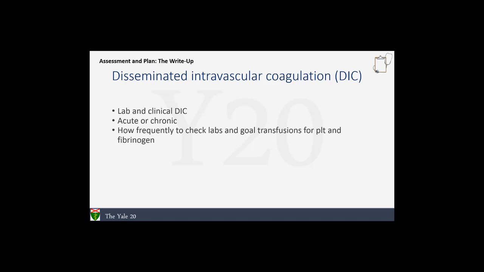You also want to comment on how frequently you check your labs, and you want to write in your note your goal transfusions for your platelets, your red blood cells, and your fibrinogen. And of course, you want to figure out what's causing the DIC, so you would comment on what you think is the underlying cause, if it's cancer, OB, sepsis, and what you're going to do once you figure out the cause and treat it so you can stop the bleeding and clotting dysregulation.